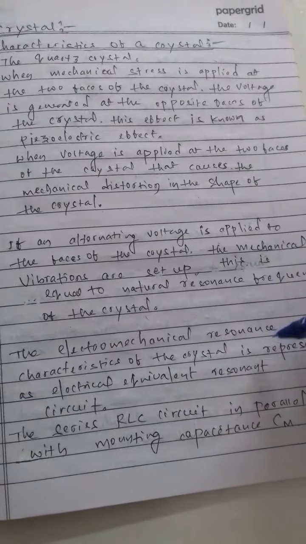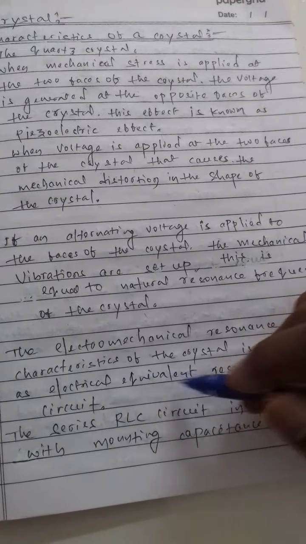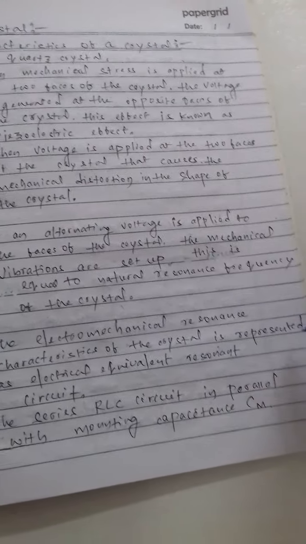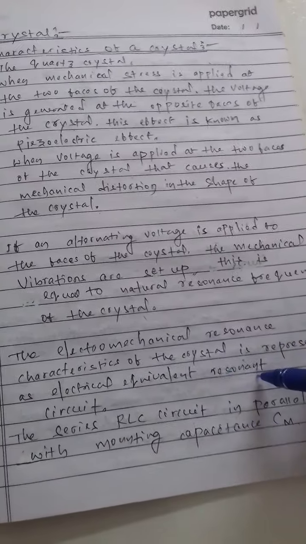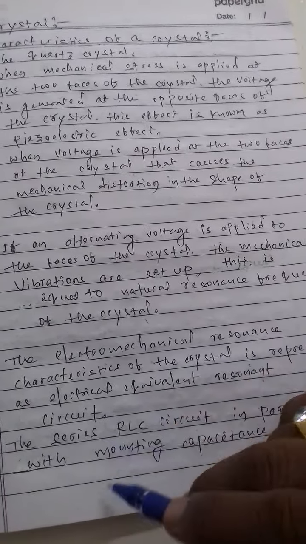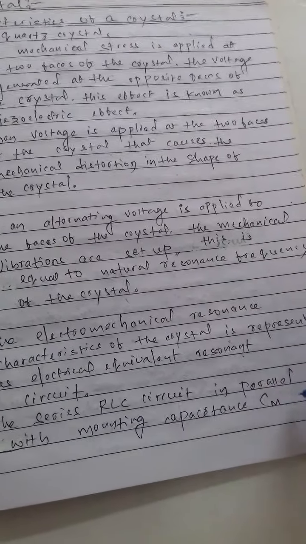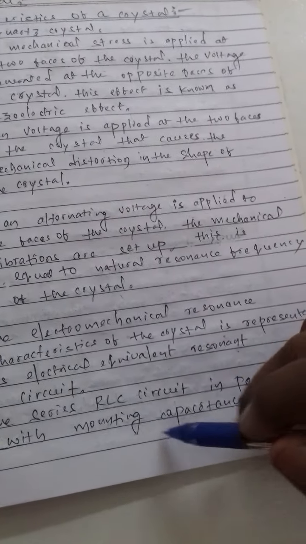The electromechanical resonance characteristics of the crystal are represented as an electrical equivalent resonant circuit: a series RLC circuit in parallel with a mounting capacitance Cm.